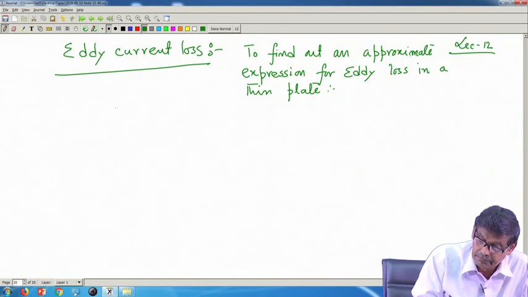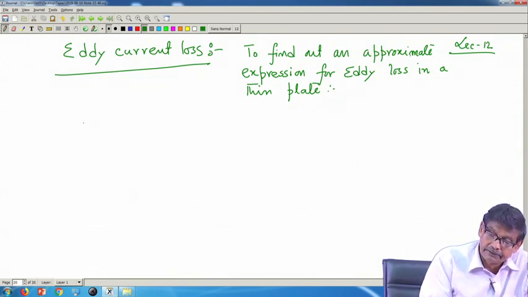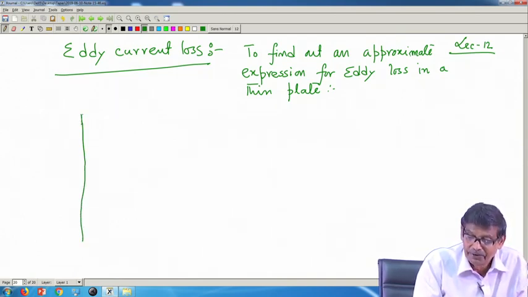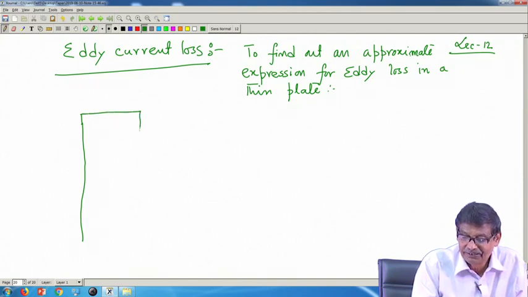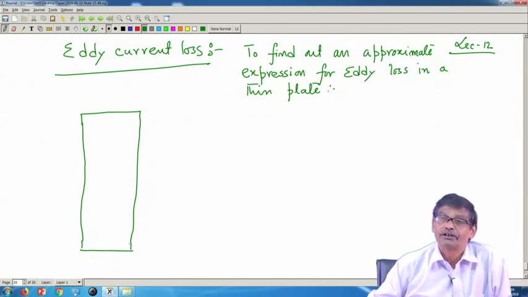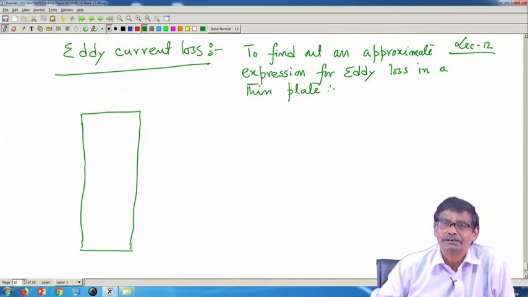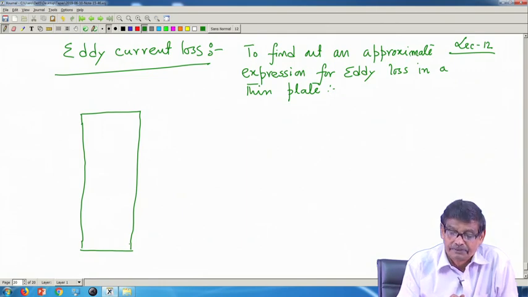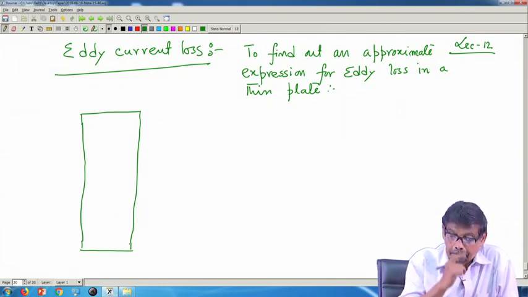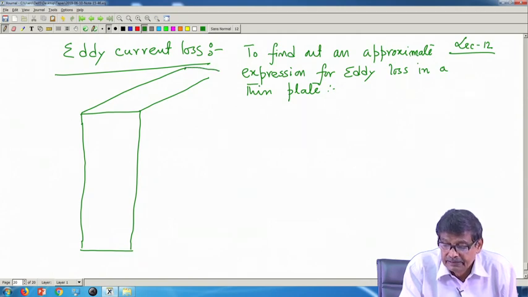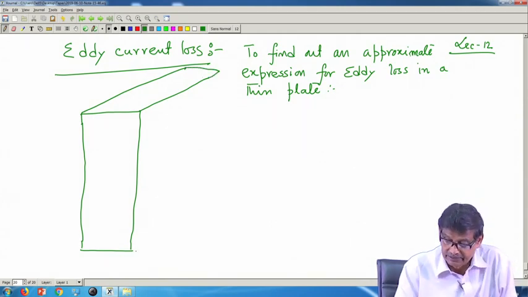So, consider a thin plate. Let me draw it here. And this thin plate I will draw slightly larger, although its thickness is quite small. Thickness is of the order of 0.25 millimeter, 0.3 millimeter, but I am drawing it in a larger scale so that we can understand what is going on. Suppose this is a single plate and it has got a length that side also.